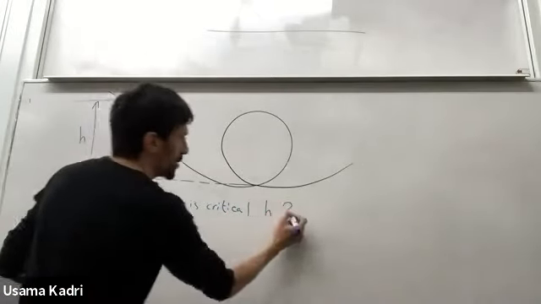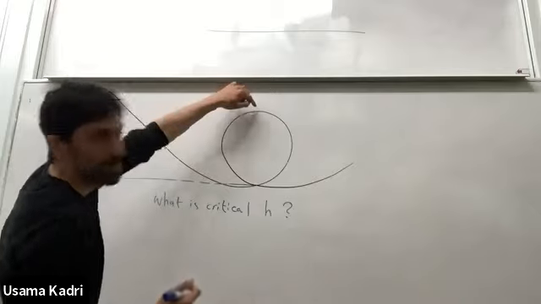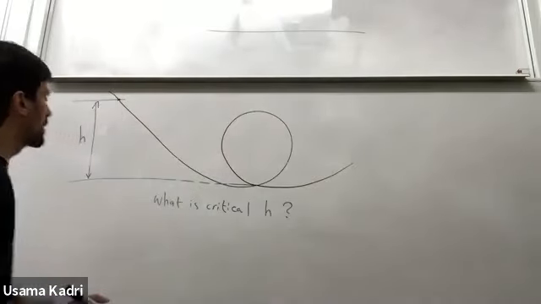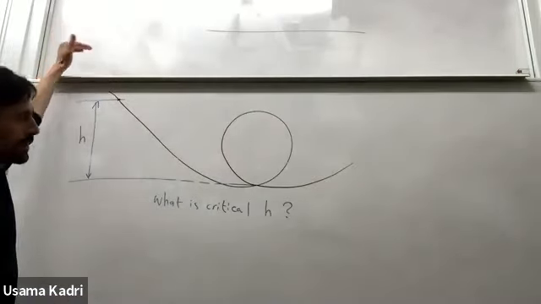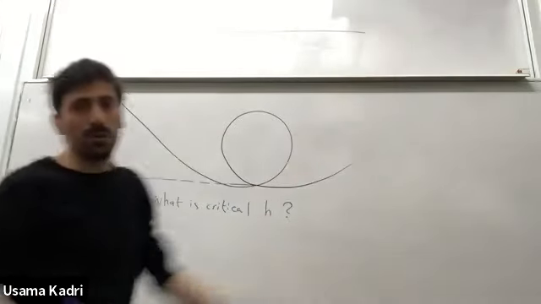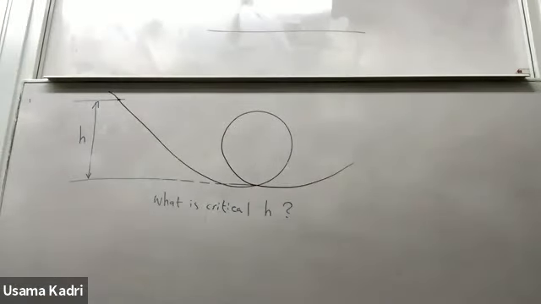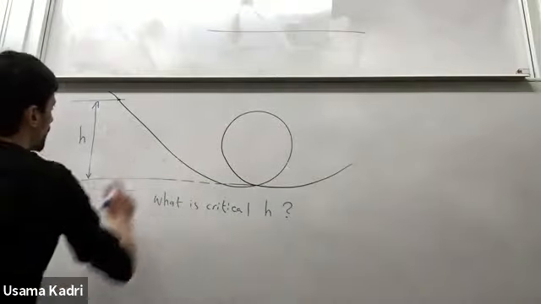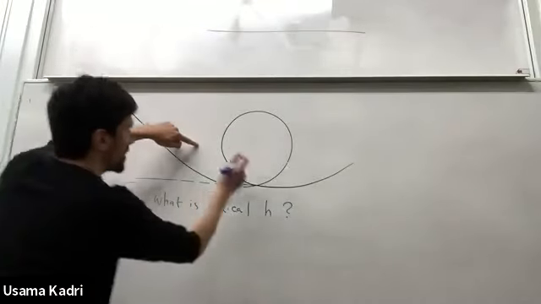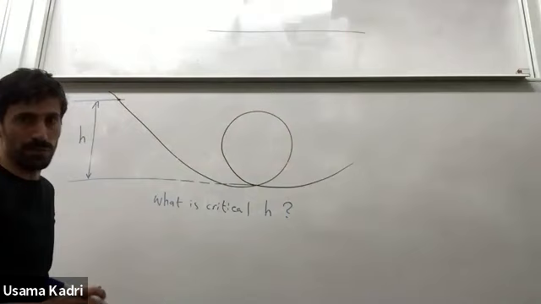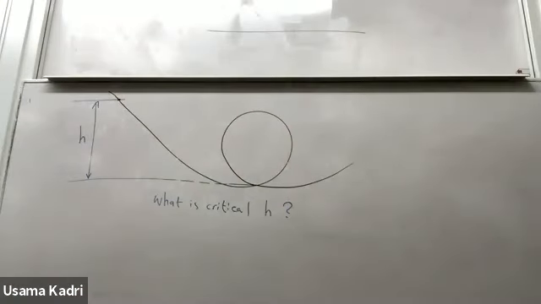What is the critical h to just make that turn? Obviously, if you go very high, then you can make that turn, and you can also go far away. But we want to know h that would just make that turn successful. What you know is the following.